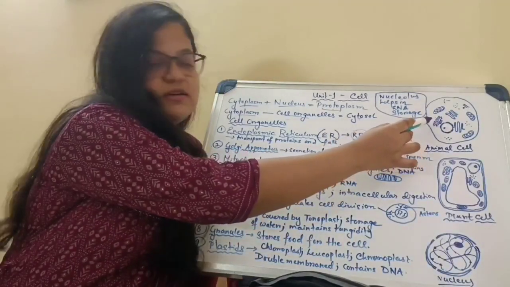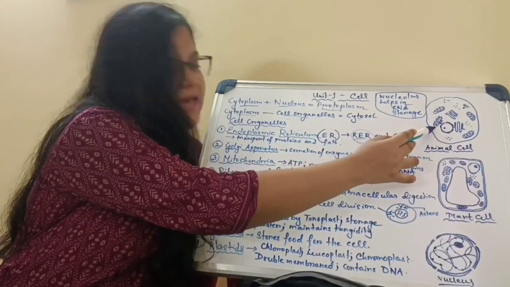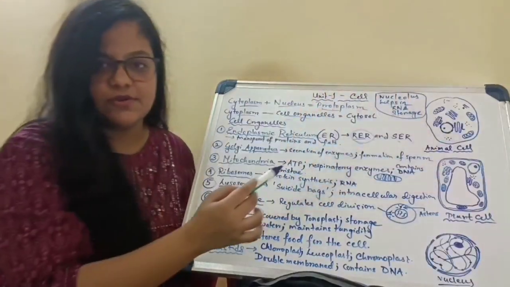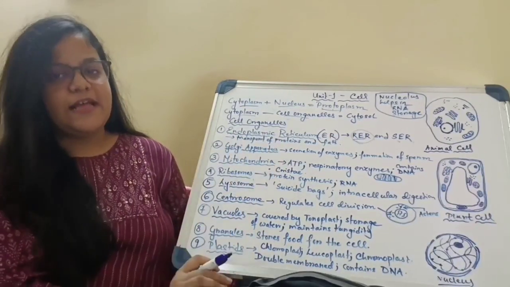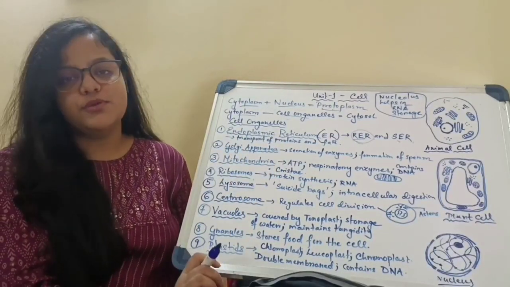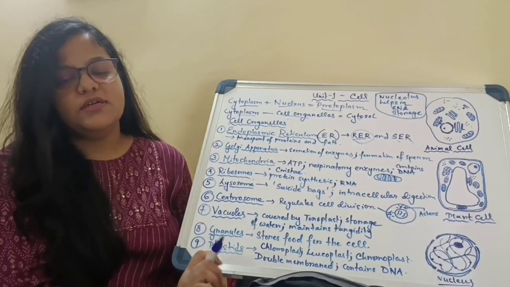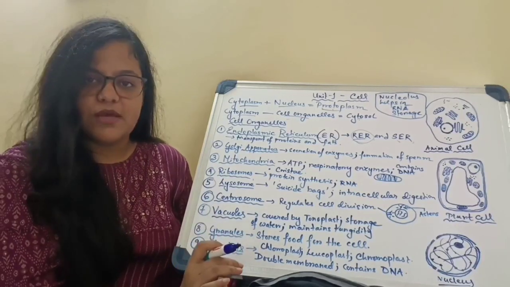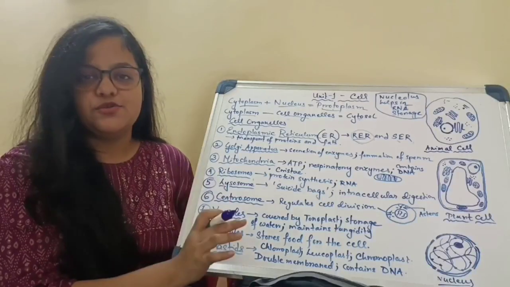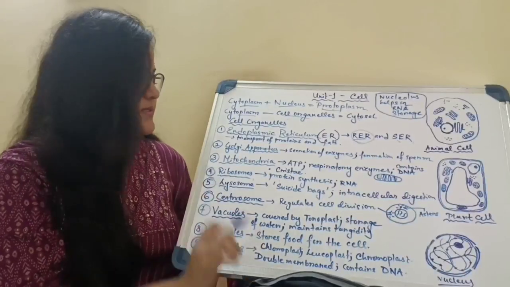Here we can see the rough endoplasmic reticulum and the smooth endoplasmic reticulum. The endoplasmic reticulum helps in the transport of proteins and fats from the outside of the cell to its inner cytoplasm and also from the cytoplasm to the nucleus.